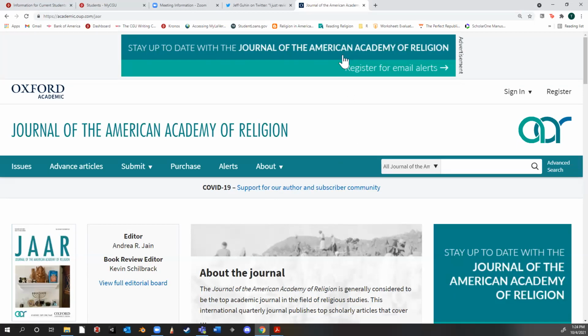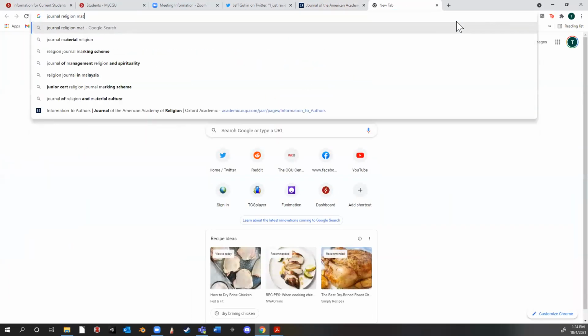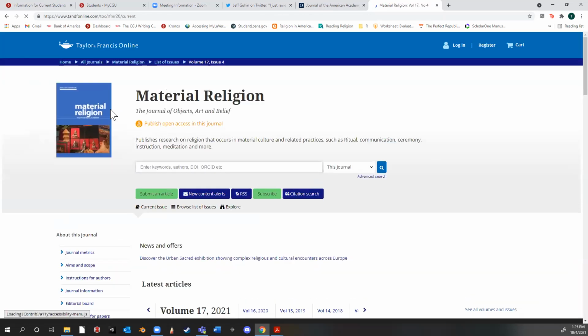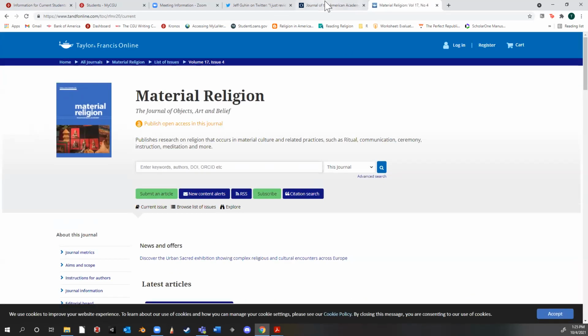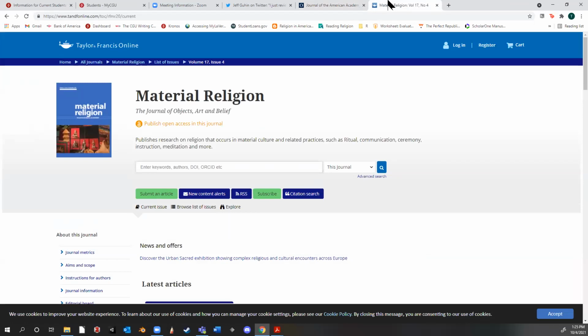But then maybe there is a smaller journal that I'd be interested in. Let's say something like Material Religion by Taylor and Francis. It's a smaller journal, not as long and storied as JAAR, but another journal that I might be interested in, right? And we can do some comparisons between the 2.